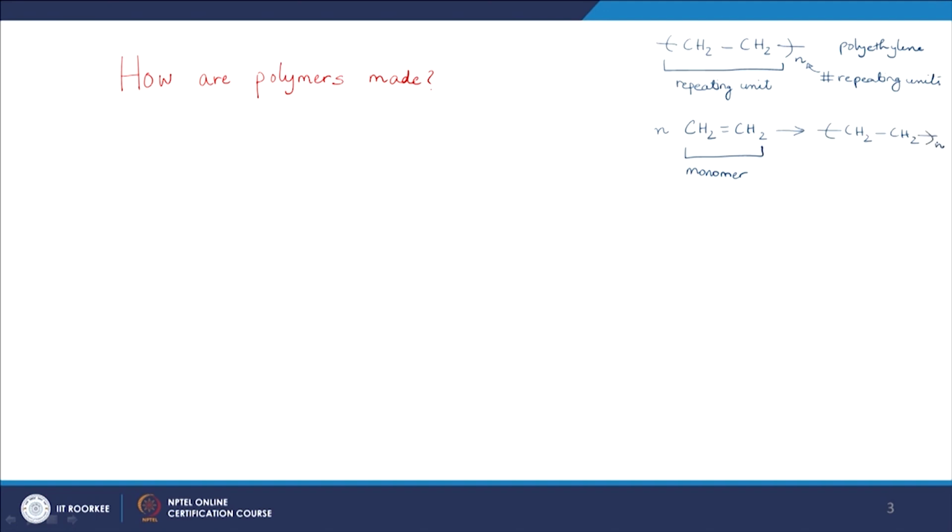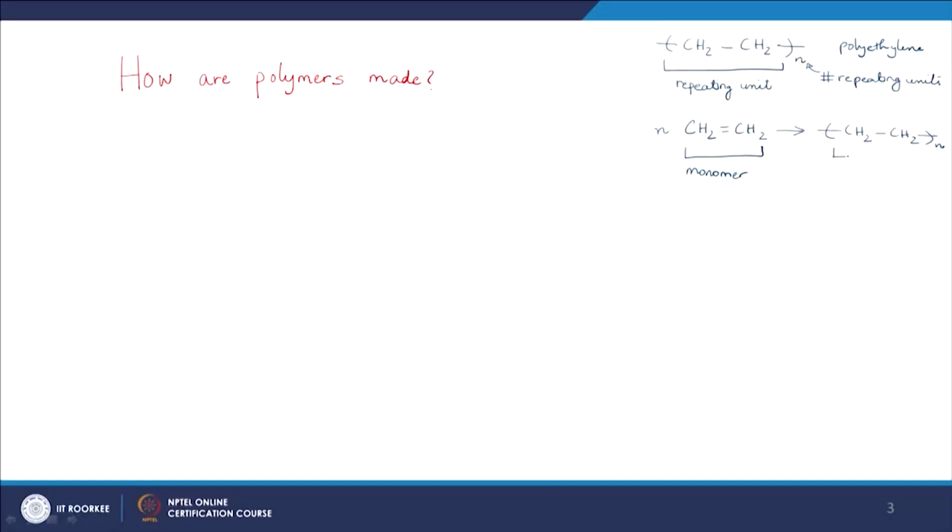So you combine n monomers. As you can see, the monomer had a double bond. The polymer has all single bonds because the carbon at the ends forms a new bond with another carbon. So one bond of the double bond went to a single bond with a different carbon and so on. So we replaced the double bond with a single bond here, and so this is my polymer.